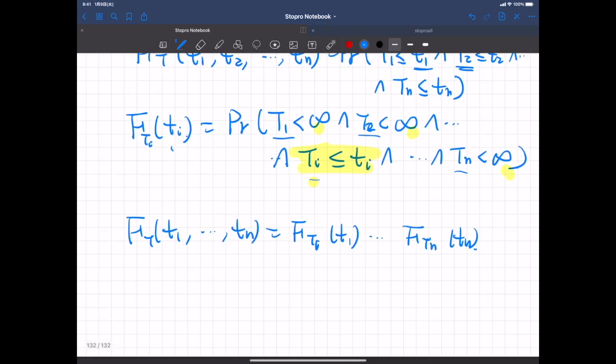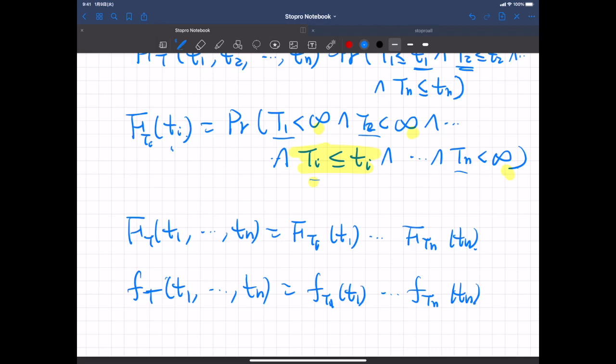And for the multidimensional density function, we have just a product of each individual density function. So assume independence.